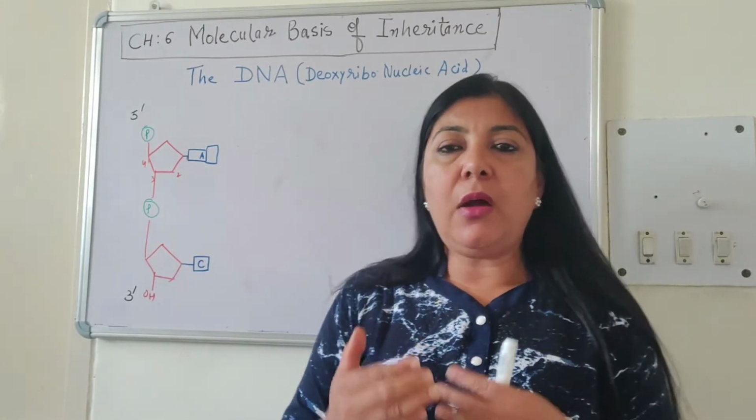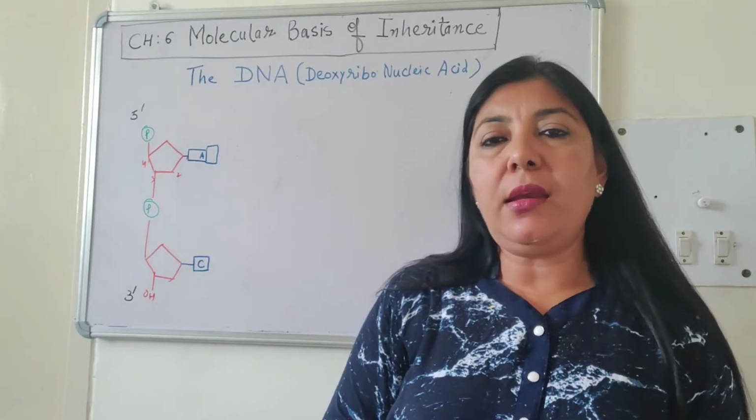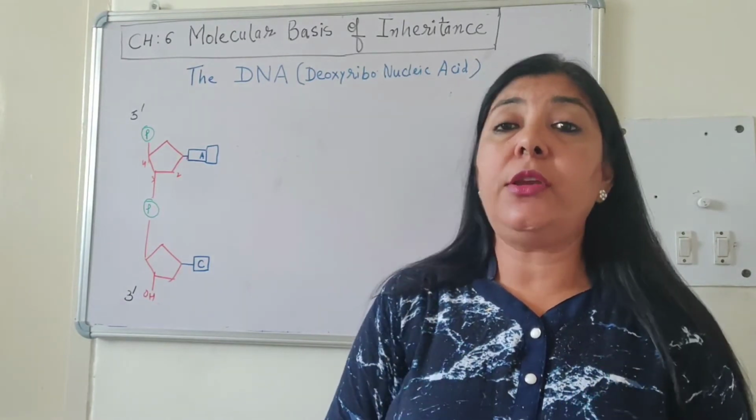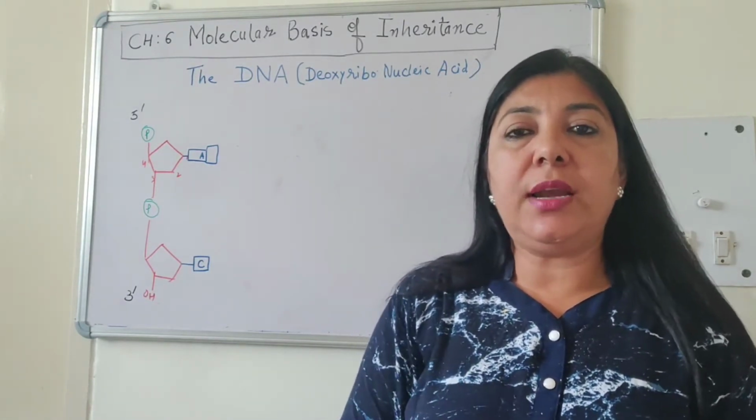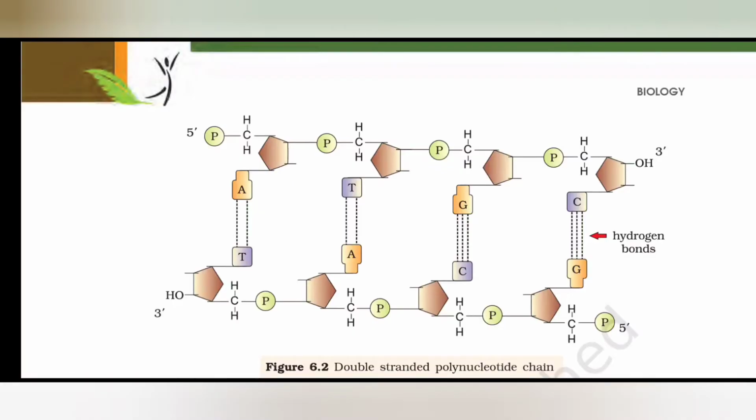Understood? Now this is a single chain, but most DNA has a double polynucleotide chain. Let us study that through your book first. Now let's focus on the double stranded polynucleotide chain.